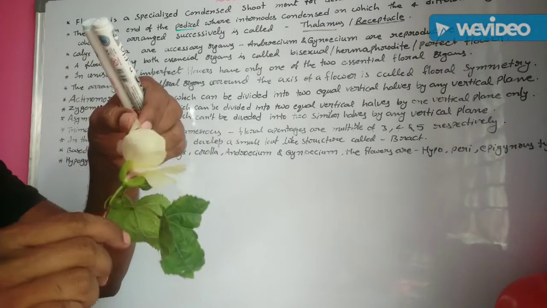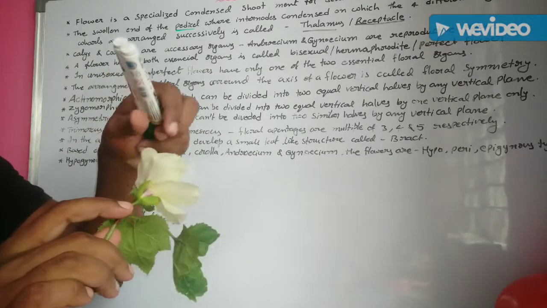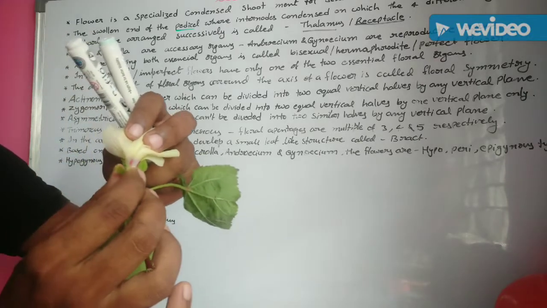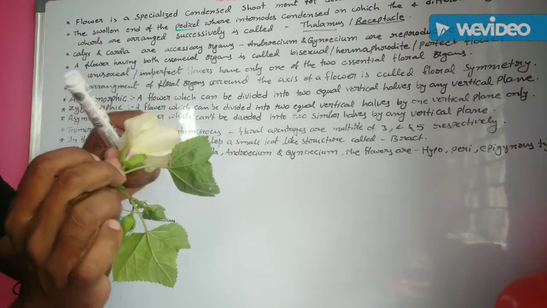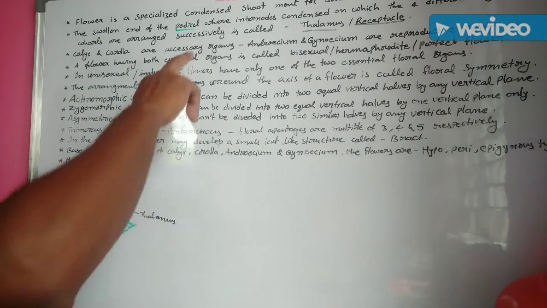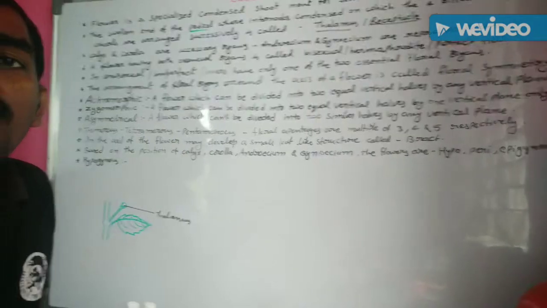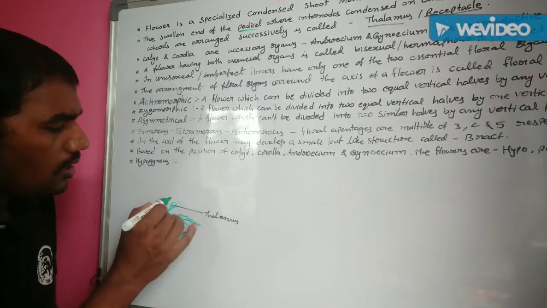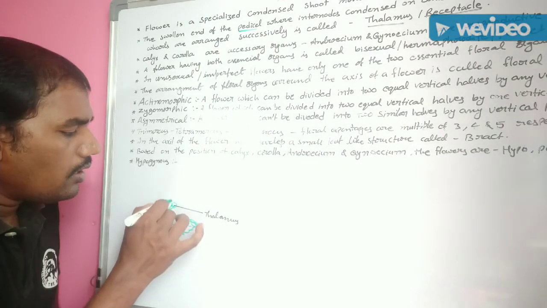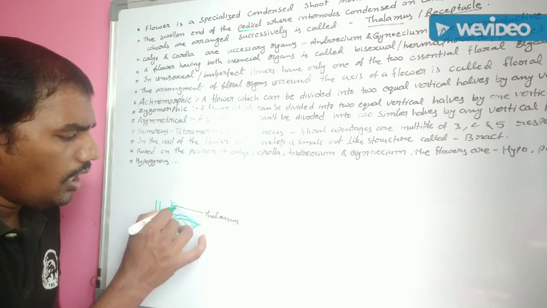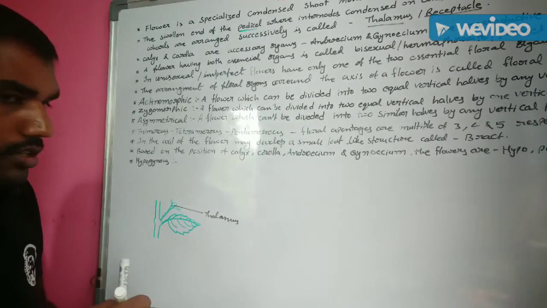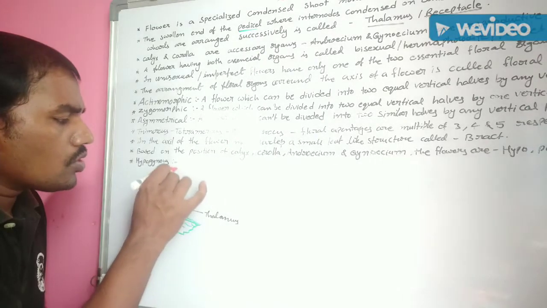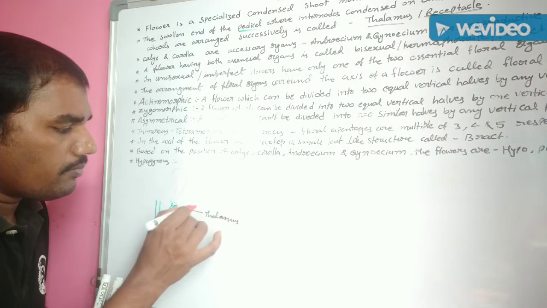Another one, calyx and corolla. The colorful bright parts are corolla, and the green protecting parts are called calyx. Both calyx and corolla are accessory organs or non-essential organs. The outer whorl is placed by calyx. Next, the innermost of the calyx shows bright colored parts.